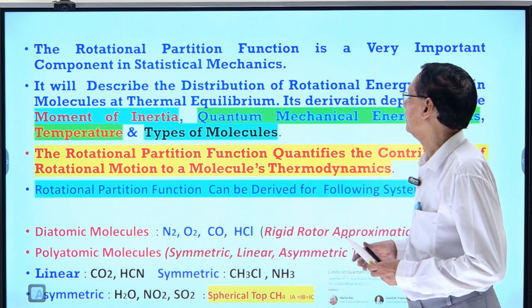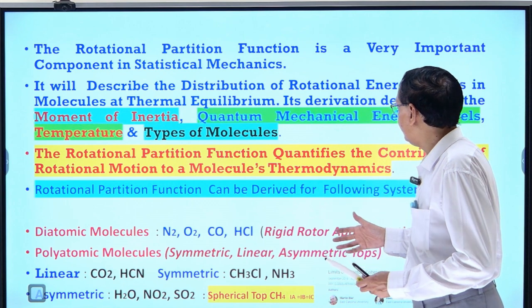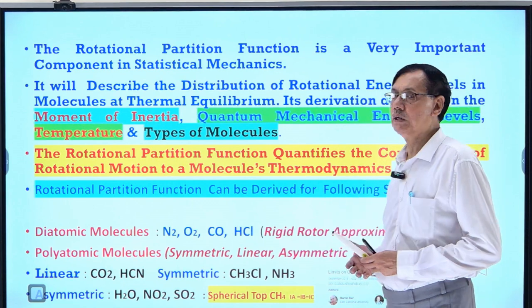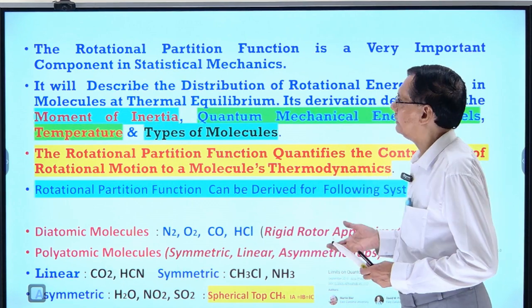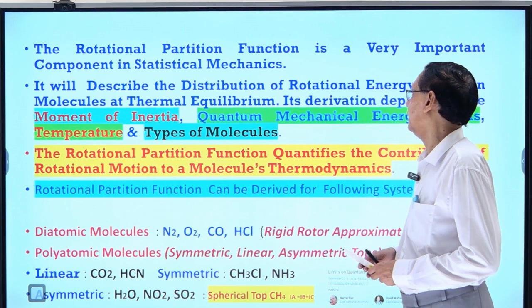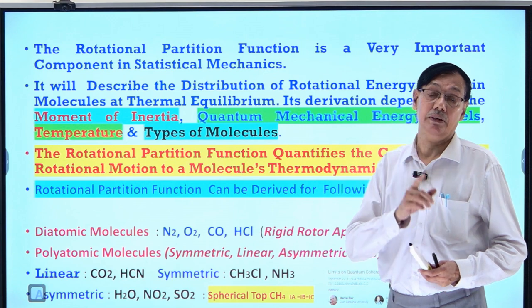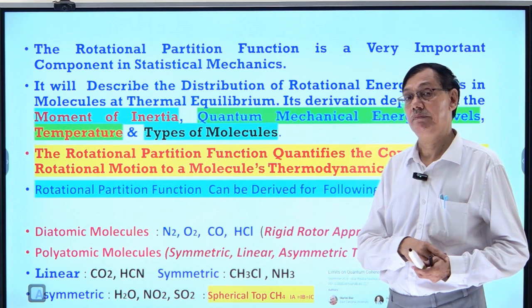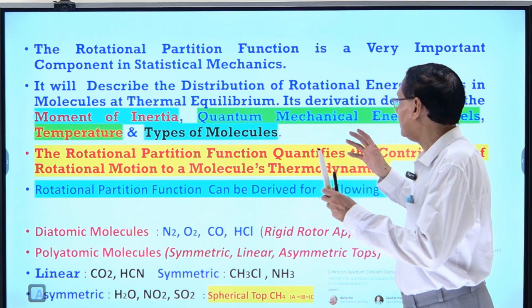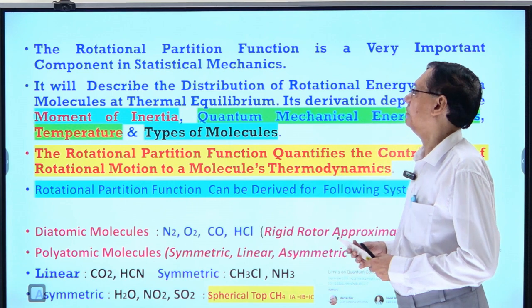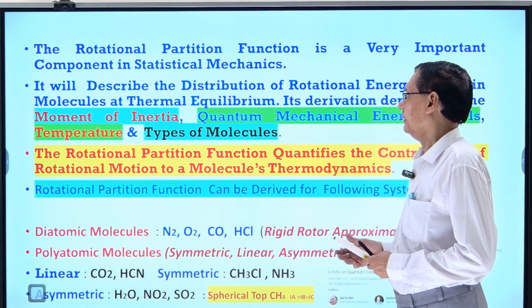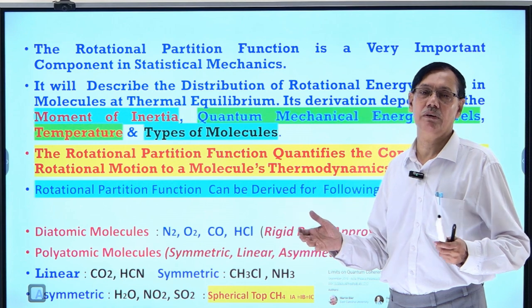Second, it describes the distribution of rotational energy levels in molecules at thermal equilibrium. But you must remember, or you must consider, that this rotational partition function is based on some very important points.